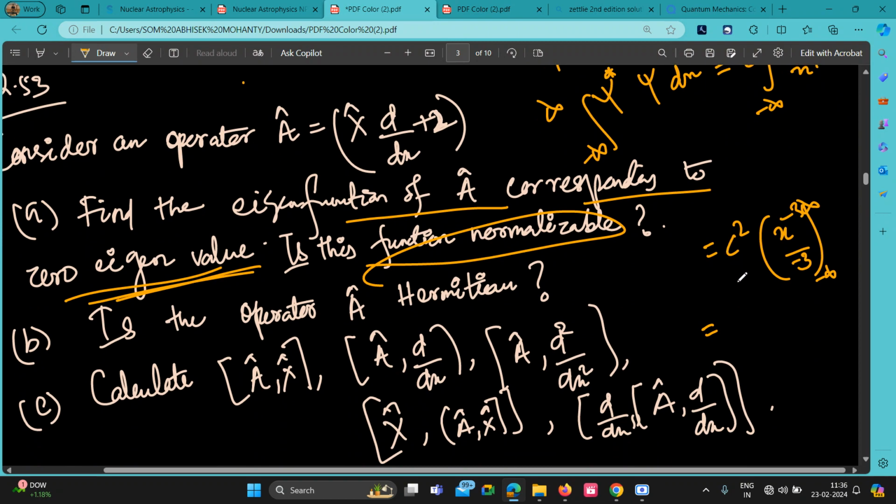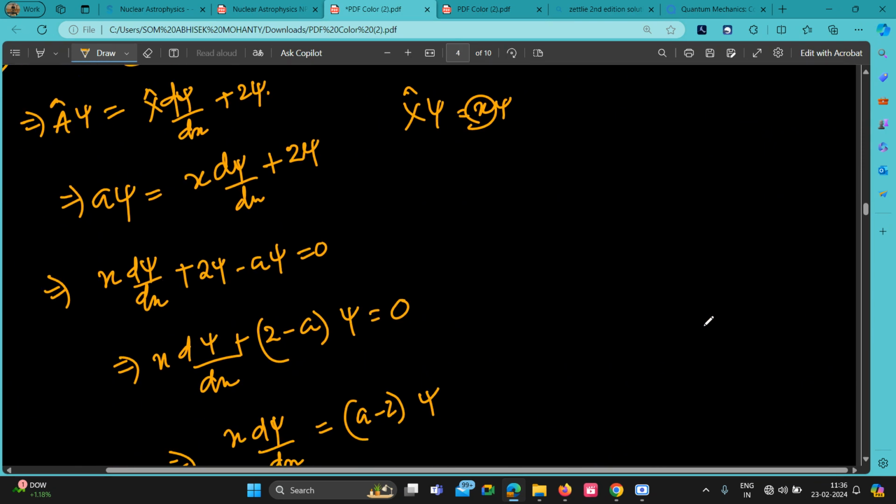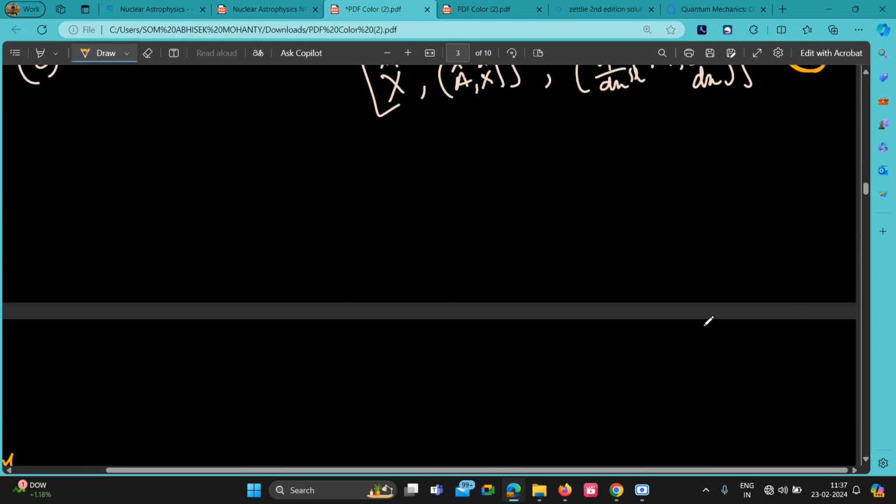If you put in infinity, 1 by x cubed goes to 0, so this is not normalizable, because the integral diverges and it wouldn't be normalizable. So this is non-normalizable.